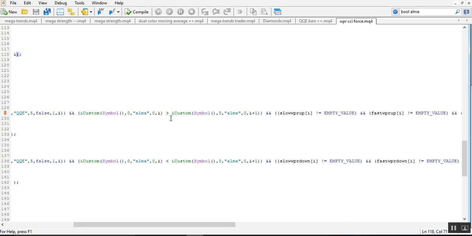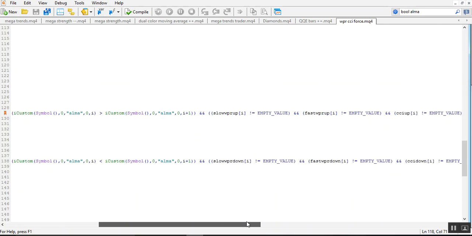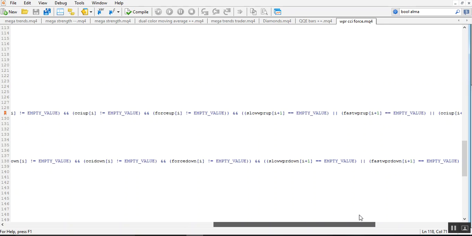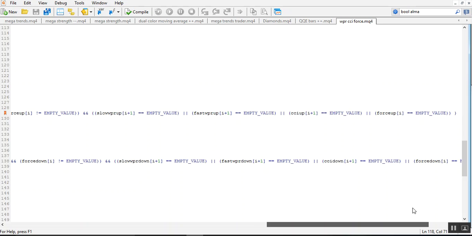Or if the ALMA is not less than the ALMA 1 bar ago, the red line will not be there. And I think there was one red line missing too, and that's the reason. But the rest of them are just those blue squares. I ran out of buffers. I couldn't use the ALMA.